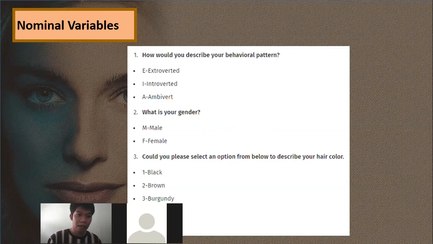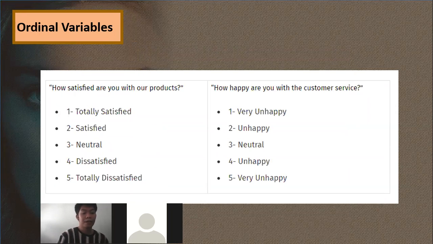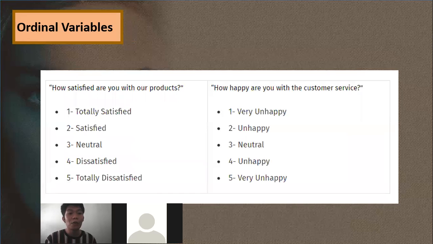So ang kaibahan nito pagdating sa instrument, when you're dealing with ordinal variables, the research instrument should be the same. If you have, for example, 15 questions for your research instrument, and you're dealing with ordinal variables, dapat pantay siya lahat.